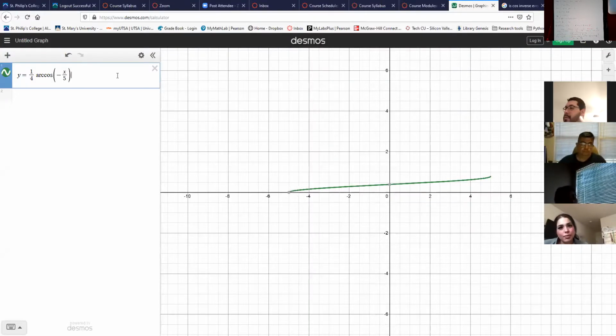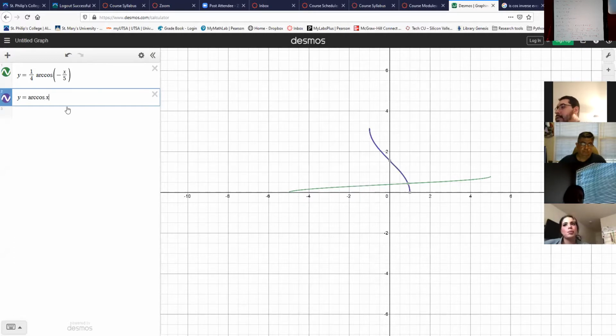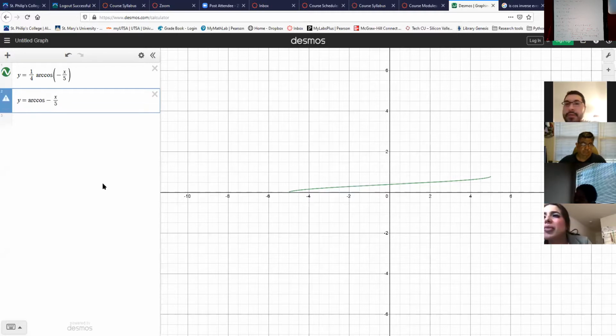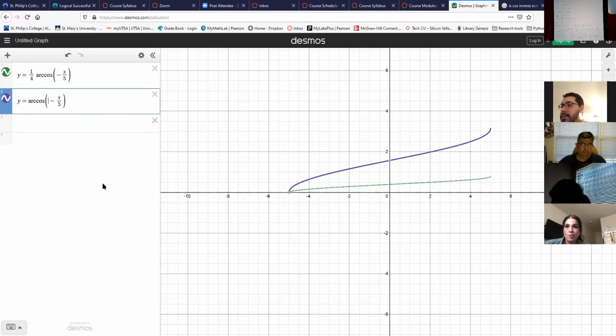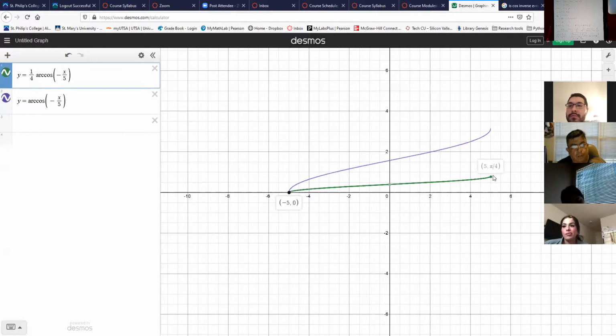This is the picture. See how our original cosine would be here. So there's the original, right? 0 to pi. That's what the note says in the book. But the 1/4 makes it go from 0 to pi/4.